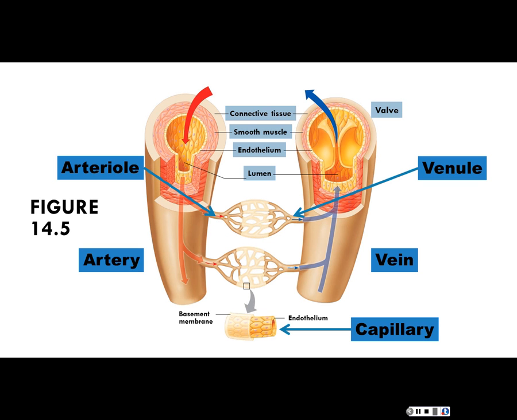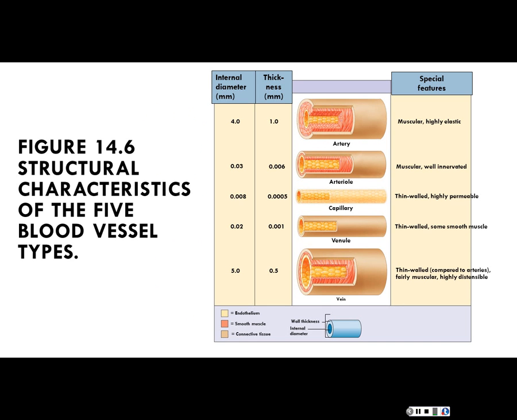We really discussed a bit of the structural characteristics in that image, which we summarized, so I'll refer you to figure 14.6, and you may have already written some of your notes on the other side, but figure 14.6 backed up what we just talked about, but put numbers to it. So it quantitates the thickness of the smooth musculature, the overall thickness of the entire thing, and then some primary features about those.